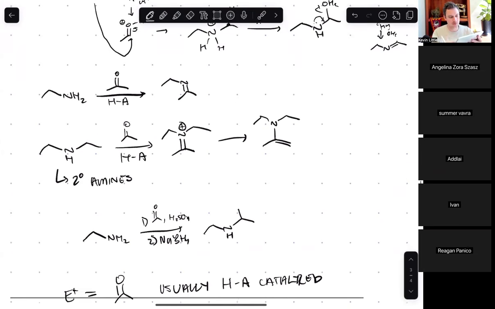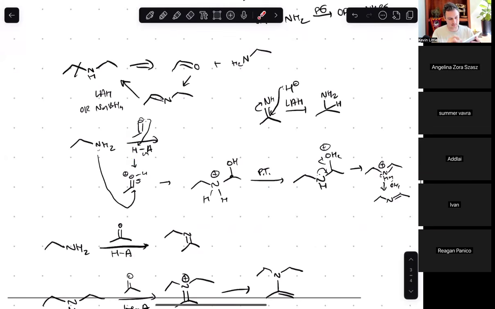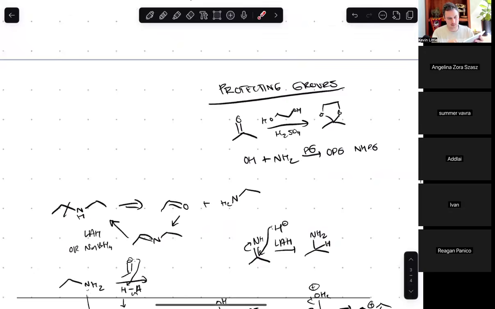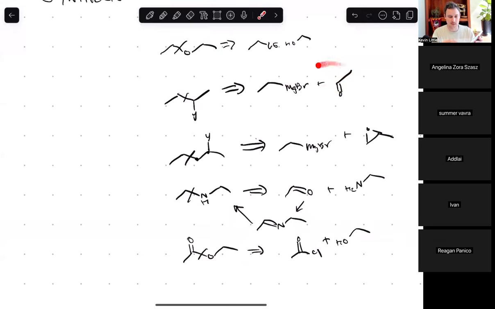So any sort of carbonyl, look, I mean, acid catalyzed, acid catalyzed, acid catalyzed. Of all of the reactions up here, I would say this one is acid catalyzed. This one can't be acid catalyzed because we're in basic conditions, so I don't need an acid here.